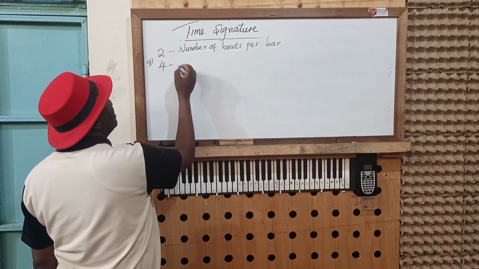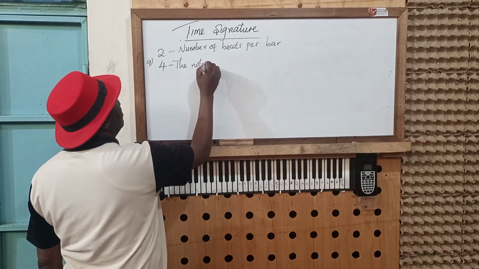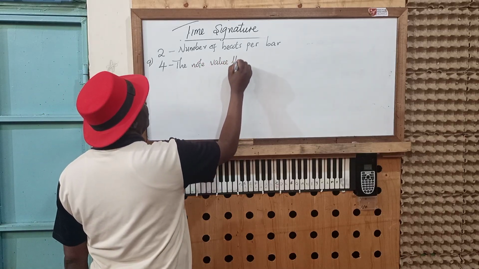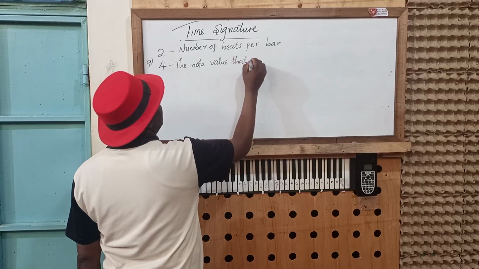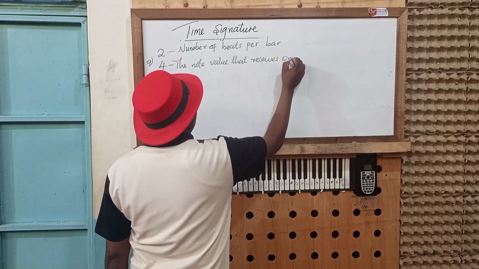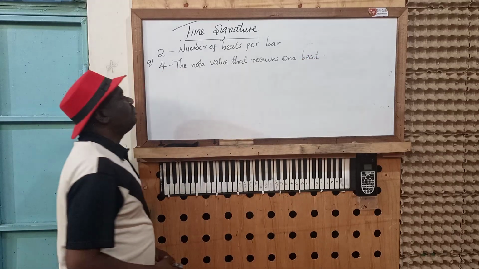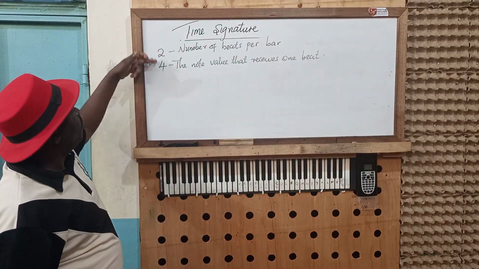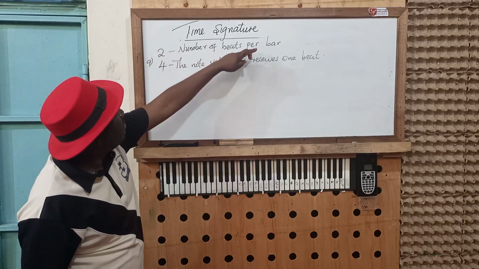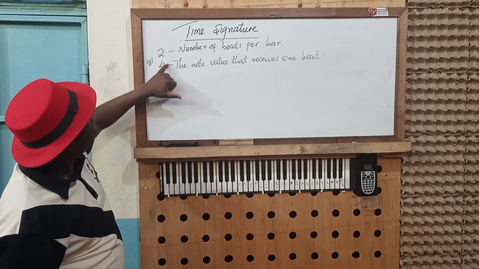This one gives us the note value that receives 1 beat. So that means if it is 2, 4, then it is 2 beats per bar, but those beats are crotchet beats.